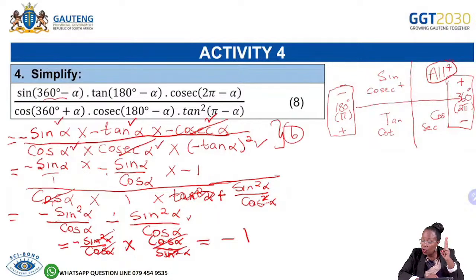So the remaining 2 marks will be for simplifying, for writing sine squared and cos squared. Some for the tangent, if you went that route, then you'll get a mark for that one. And then now for getting the final answer, -1 is for simplification and the final answer. A lot of marks are on reduction, so please ensure that you master your reduction there.